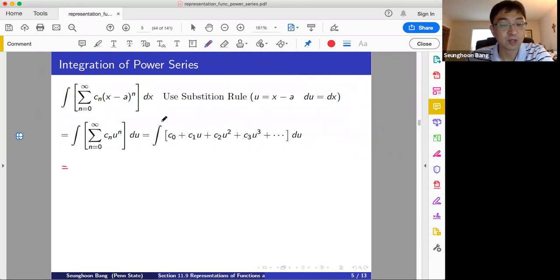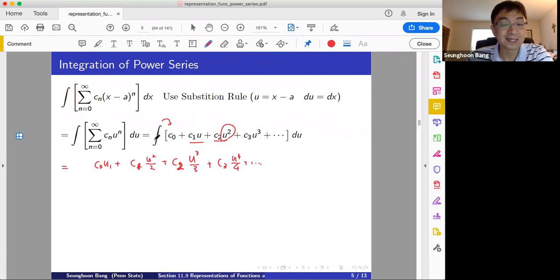Integrating, this is the integral of C0, which is C0 u, plus C1 u squared over 2, plus C2, using the power rule, u cubed over 3, plus C3 u to the 4 over 4, and so on.